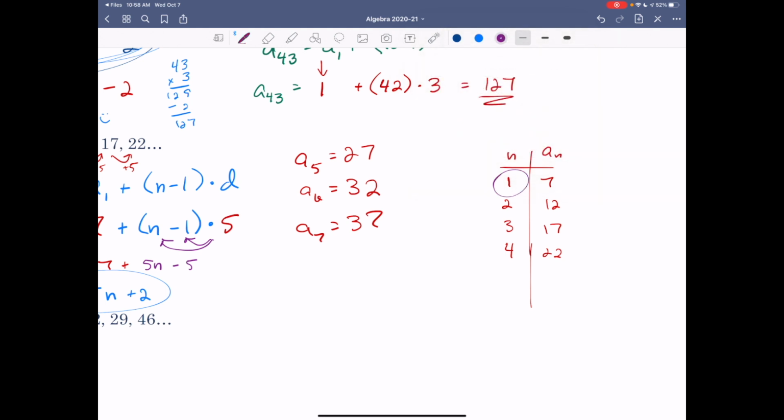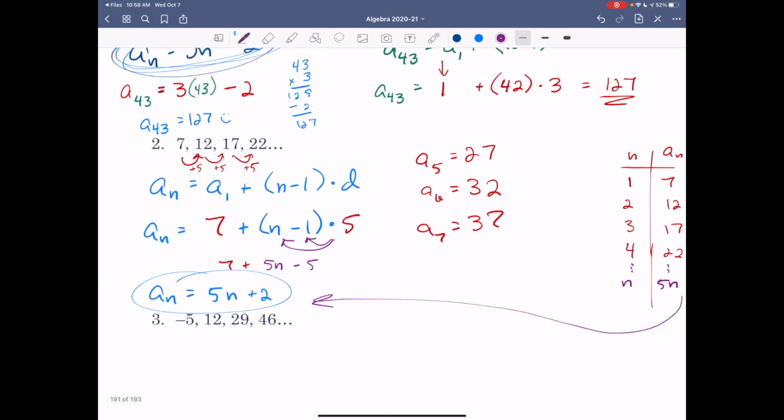What's 5 times 1? But we need it to be 7. What's 5 times 2? But we need it to be 12. What's 5 times 3? But we need it to be 17. What's happening each time? We're getting 2 bigger, right? So for step n, it's going to be 5 times the step number plus 2, which you'll notice is where we ended up over here.